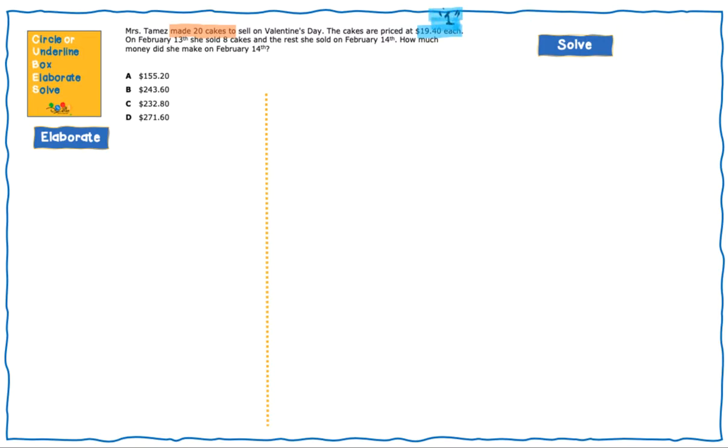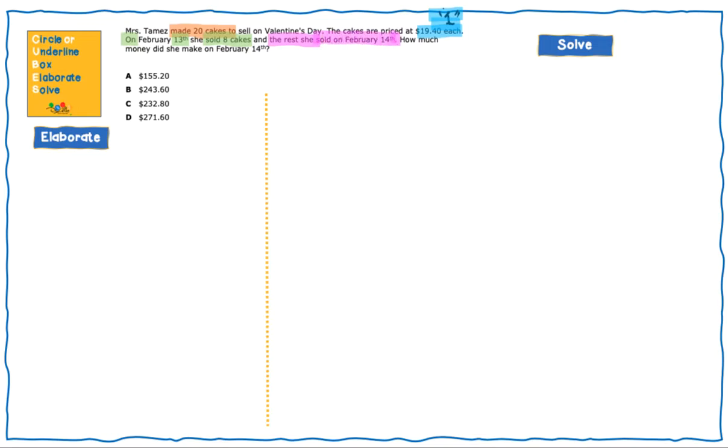On February 13, she sold 8 cakes. Remember how many she made? Yes, she made 20. So now they're saying that on the 13th, she sold 8, and the rest, which means all the other ones, she sold on February 14.